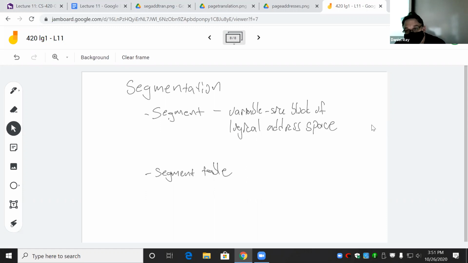If we're not doing paging and we're doing segmentation, then yeah, we get to have smaller segments. We get to divide up our object module into smaller segments of varying sizes. But that's not any different than just having smaller object modules, just on a smaller scale. And so the external fragmentation is still a problem.